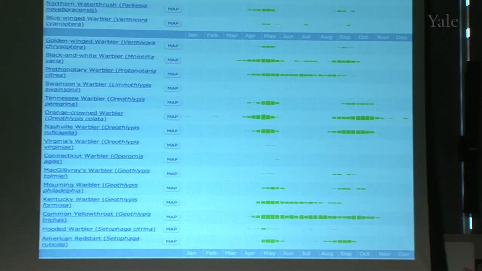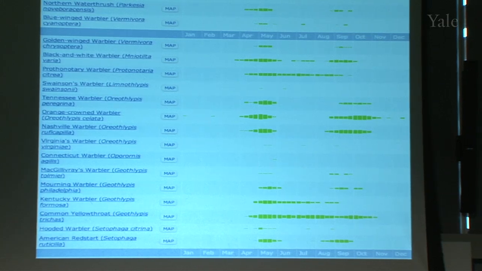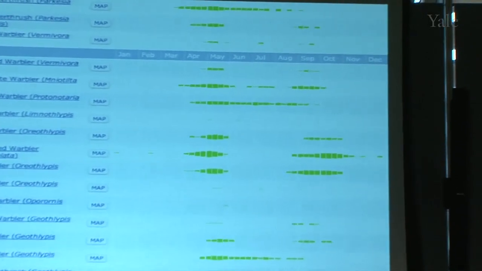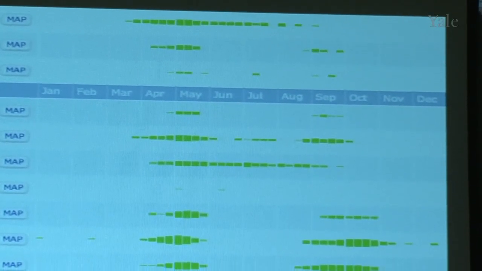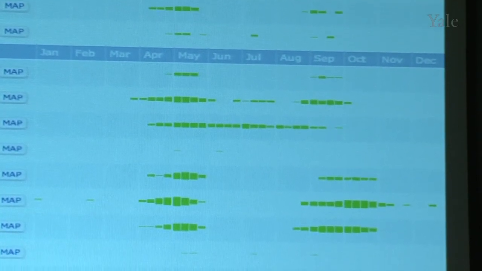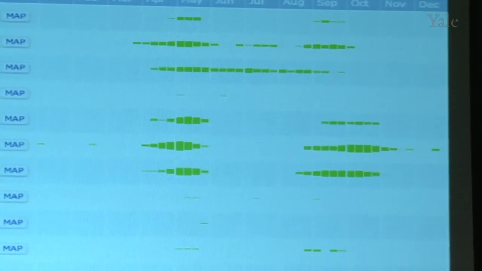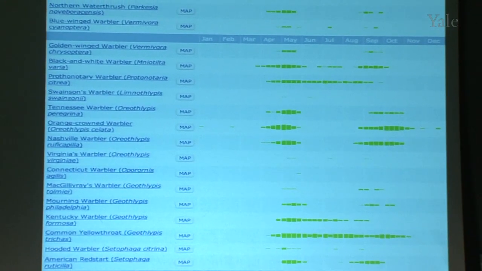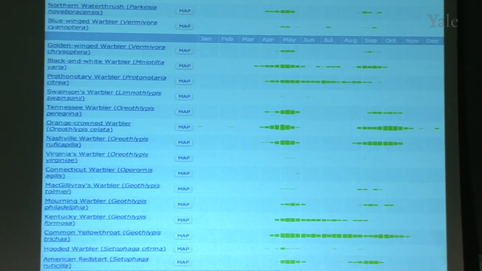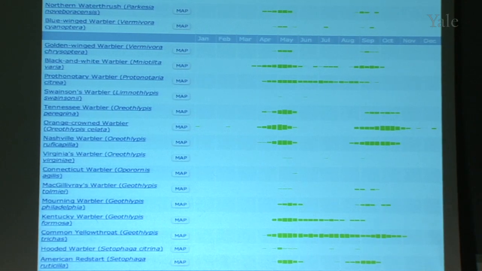And bird watchers like these histograms in particular because it allows them to make decisions on what birds they might see on a trip that they're going to go to. So, for example, before I came to Yale, I looked at eBird and noticed that there was a wood sandpiper, which is a European vagrant in Rhode Island. So I found that through eBird, and after this conference, I think I'll go there and look at it.